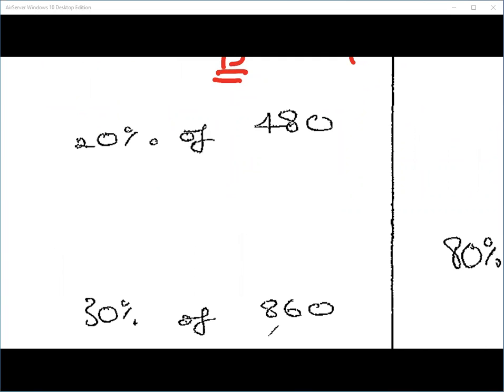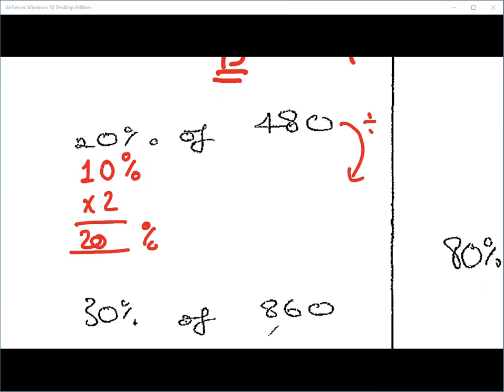Now using that idea, we want to work out 20% of 480. So what should we work out first? If you want to work out 20%, you should work out 10% first. And then how do you get it to 20? Times by 2. Fantastic. So what's 10% of 480? 48.